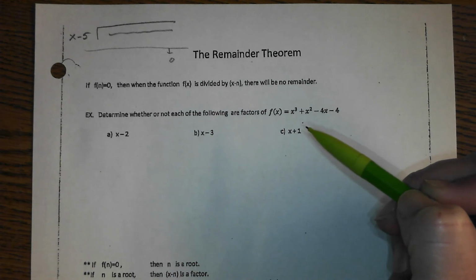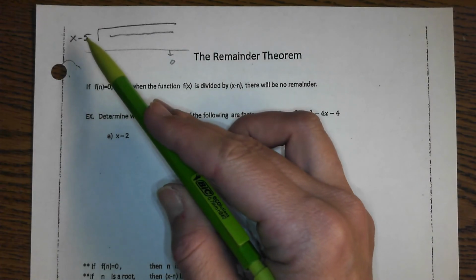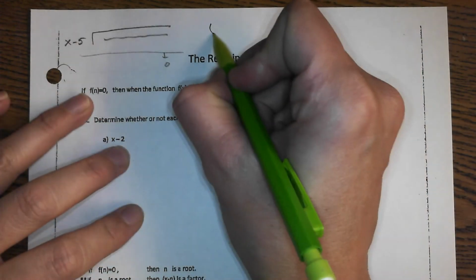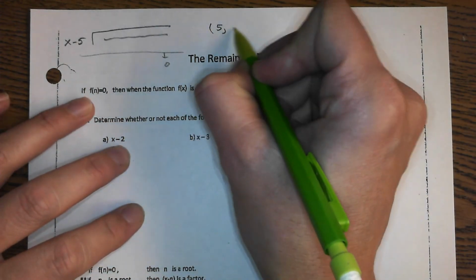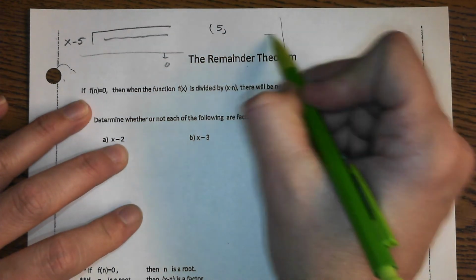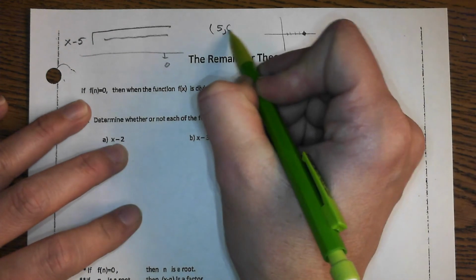That it's a factor, that x minus 5 is a factor, which means what's a root? 5. And if 5 is a root, what's the y coordinate that goes along with it? 0, right? If 5 is a root, the coordinates are 5, 0.